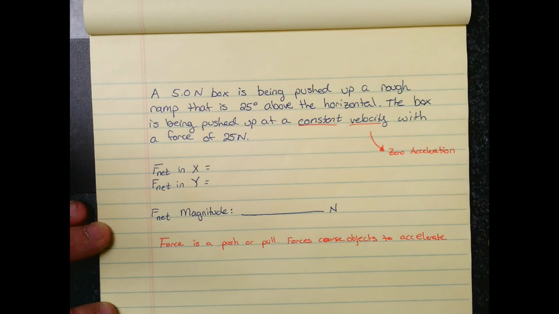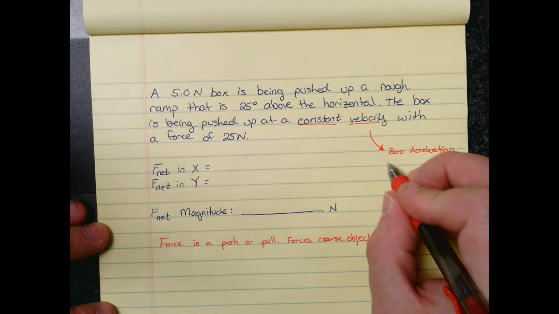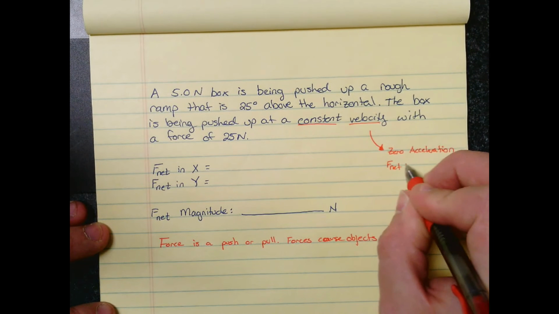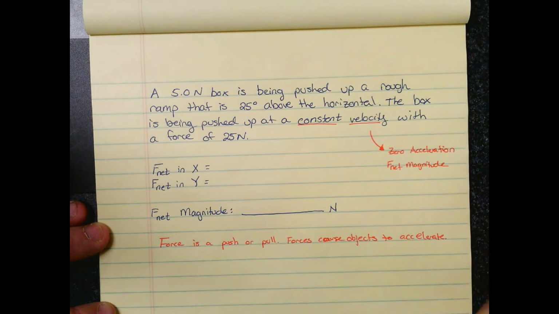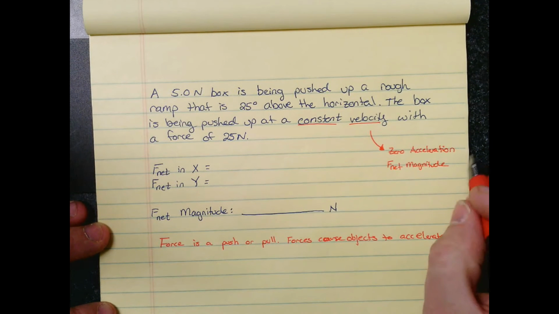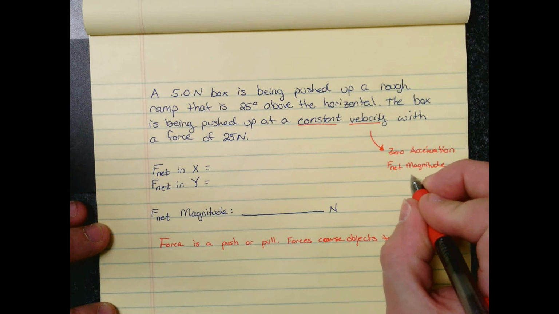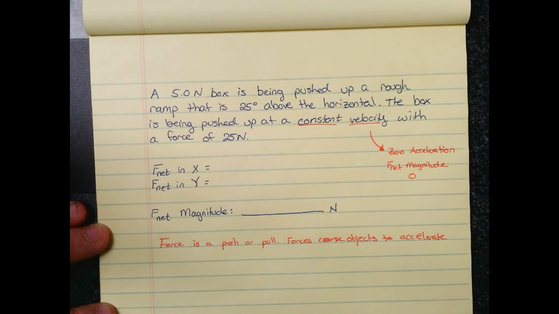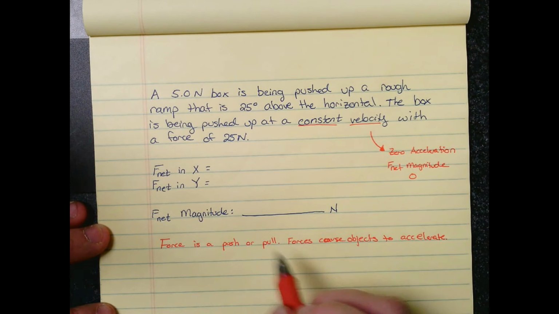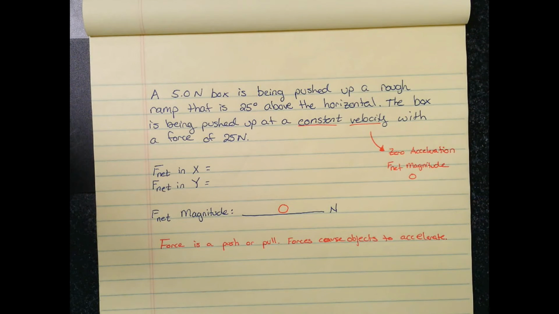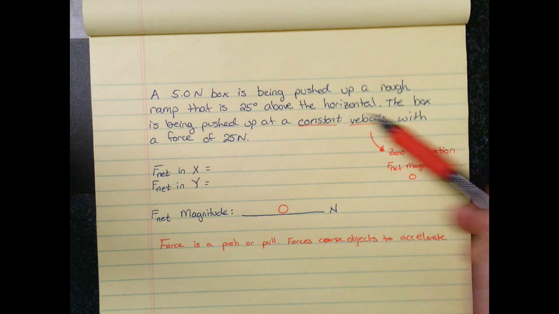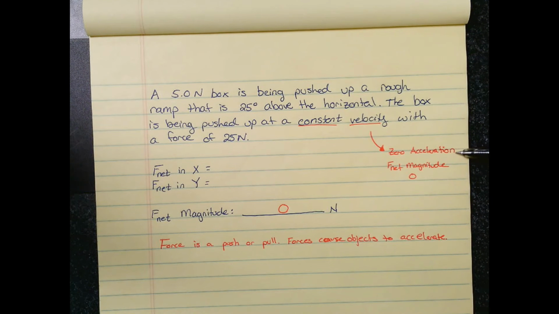And if it has zero acceleration, then the F net magnitude, when everything is all said and done, has to be zero. So in some ways, we can solve this whole problem by saying the F net magnitude for this problem is going to be zero, because those words, constant velocity, mean zero acceleration.